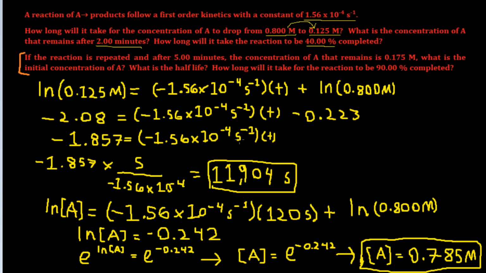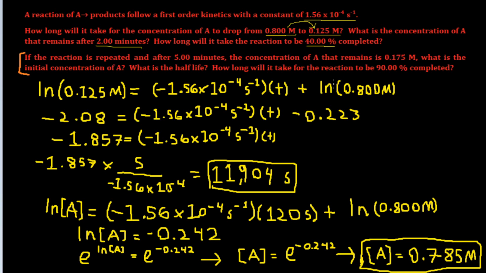Since your remaining unit is seconds, you're going to want to display your time in seconds, which you'll do here with some division, or basically multiplication with dimensional analysis, as I like to do. So it'll be negative 1.857 times seconds over negative 1.56 times 10 to the negative 4, and that will give you 11,904 seconds.